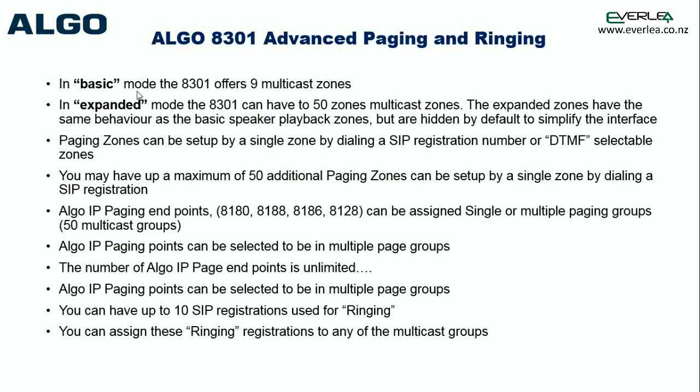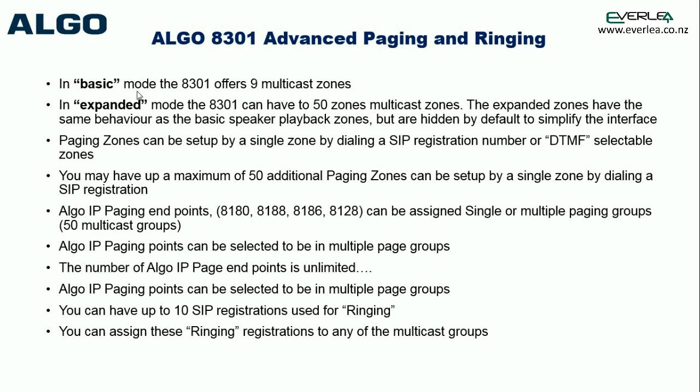The reason there's a basic and an expanded is that basic is simple to get your head around. There's 9 zones, away you go, and I'd say 90% of the installations going in will just use 2, 3, 4, maybe 5 paging zones or multicast zones. But for a larger corporate site, as you start looking at this 8301, it really starts looking like a little server.